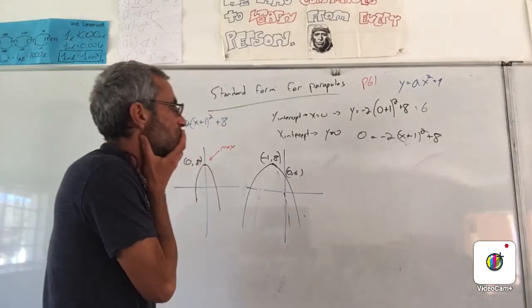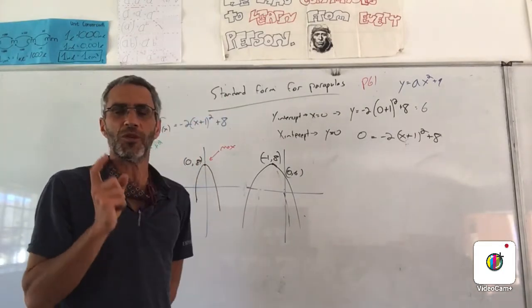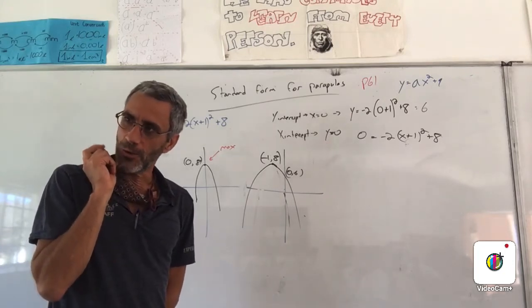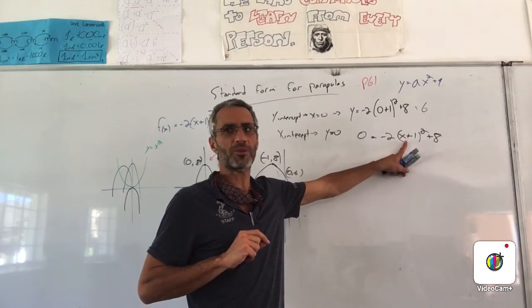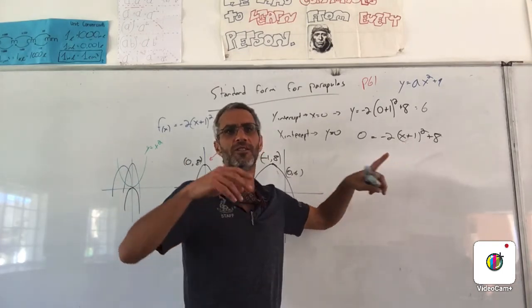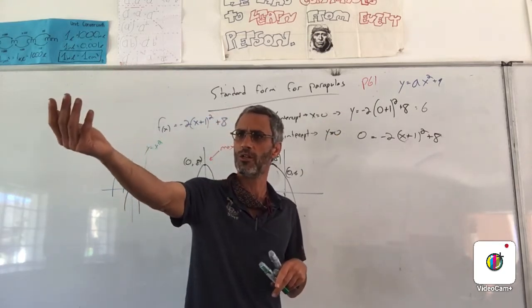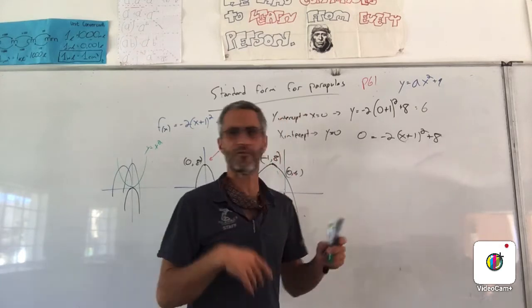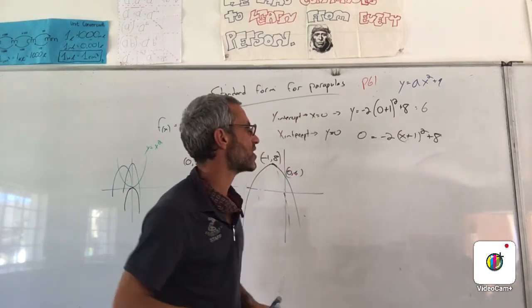To solve it, there's a couple of ways. What I really recommend you not to do, even though you can do it, is to open the brackets. Don't open the brackets. You could open the brackets and then solve it. You'll have a normal quadratic equation, which you could solve using the formula, or you can factorize. You can do that, but that's not necessary, and it's going to take you longer.